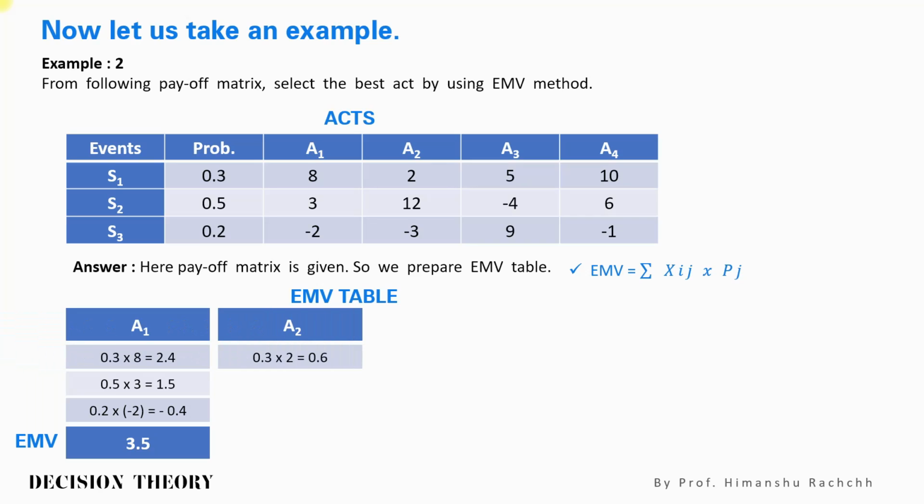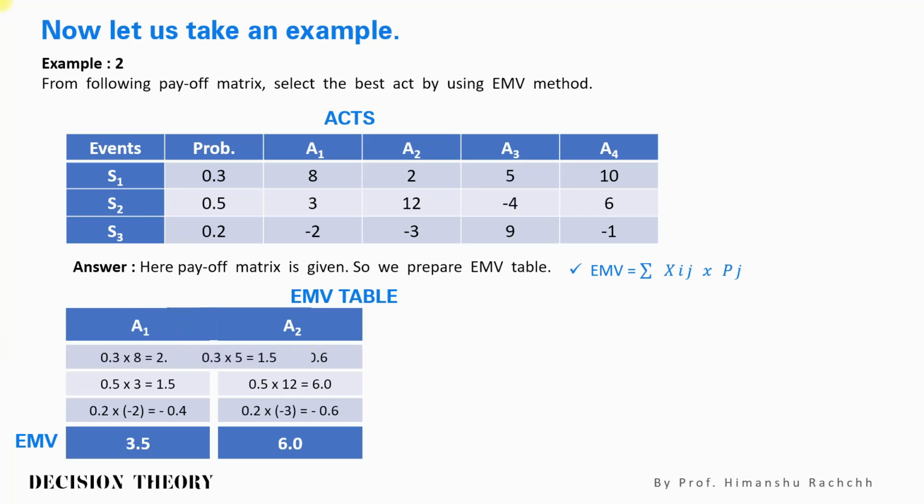We multiply probabilities with payoffs of A2, 0.3 into 2, 0.5 into 12, 0.2 into minus 3 and sum of these 3 multiplications is 6. So, for the act A2 EMV is 6.0.